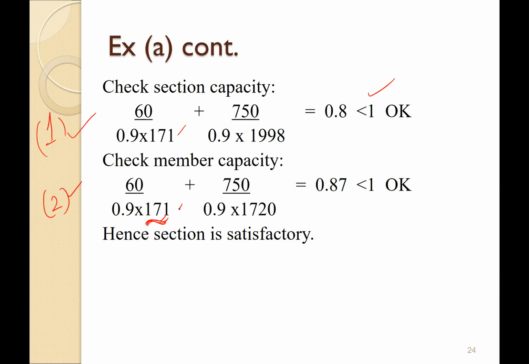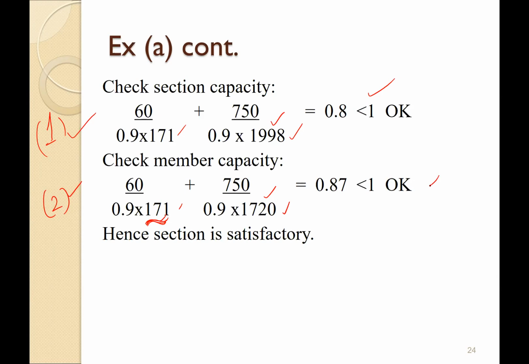But when it comes to compression, it is a very different scenario. For compression, the section capacity and the member capacity, even considering buckling about the x-axis, are different. This is the section capacity, that's the member capacity, which is why these two values are different. Again, you get 0.87, less than 1, which is okay. So the section is satisfactory.